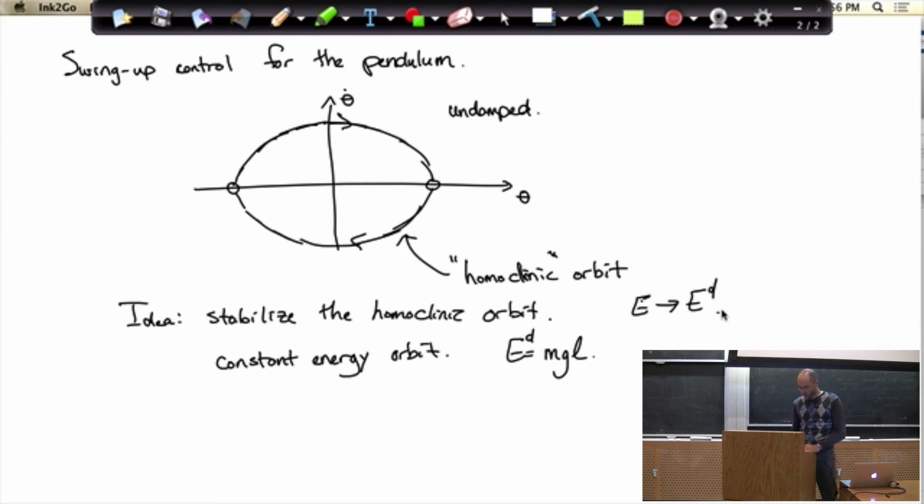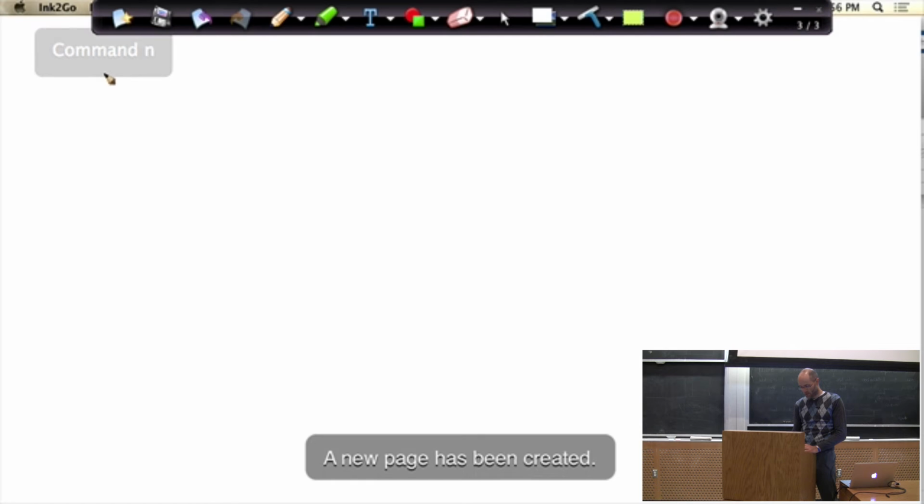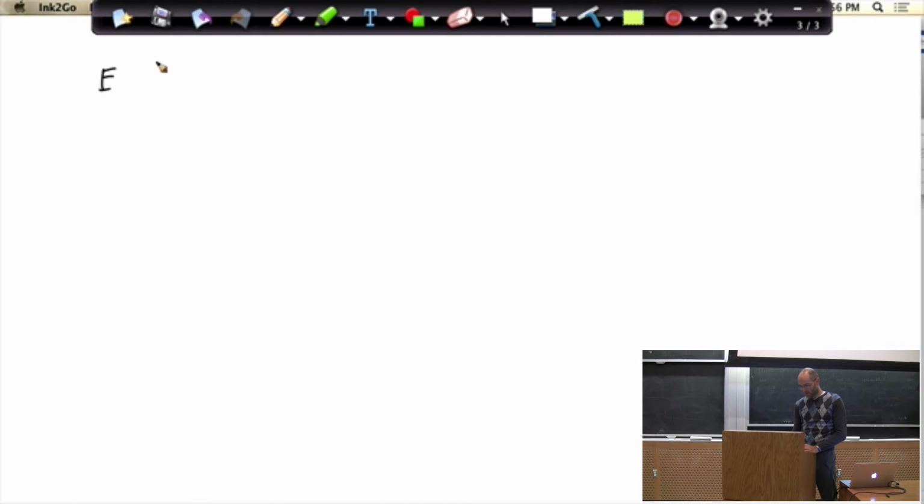So I'm going to transition, so I'll give a pause. Okay, so the energy of the system. I'm going to need it in a second, so we'll just remember that ml squared theta double dot plus mgl sine theta equals 0. This was our original dynamics, my equation for the pendulum.